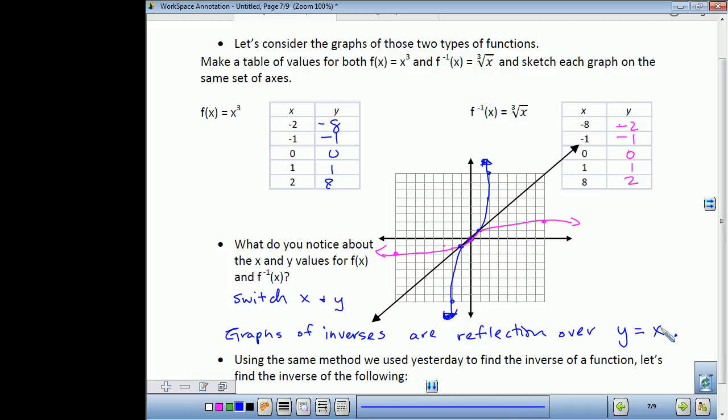I also talked about one other thing, and you may or may not remember this. Yeah, you do. Okay, so these two functions, f of x equals x cubed, and its inverse, they are considered one-to-one. One-to-one is the special classification when a graph and its inverse are both functions.